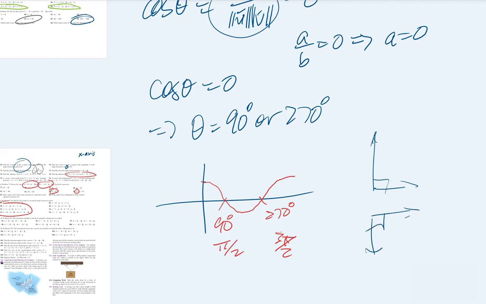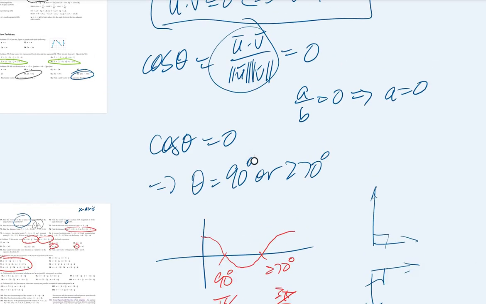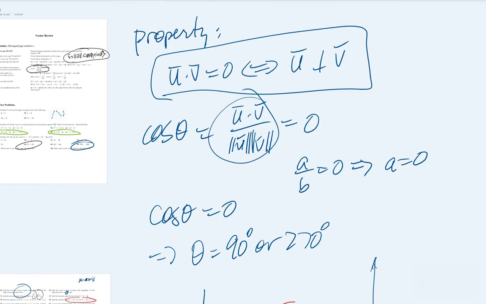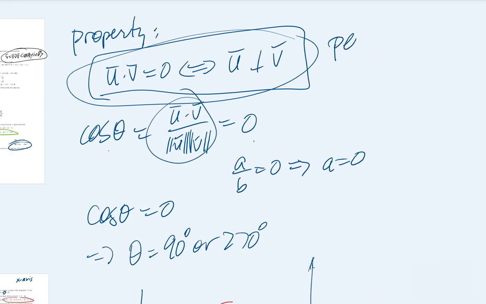So if the cosine of theta is 0, then they're perpendicular. And if the dot product is 0, then the cosine of theta is 0. So this is an if and only if statement. If you ever want to find out if two vectors are perpendicular, or what in this case we call orthogonal, perpendicular in vector words is orthogonal.